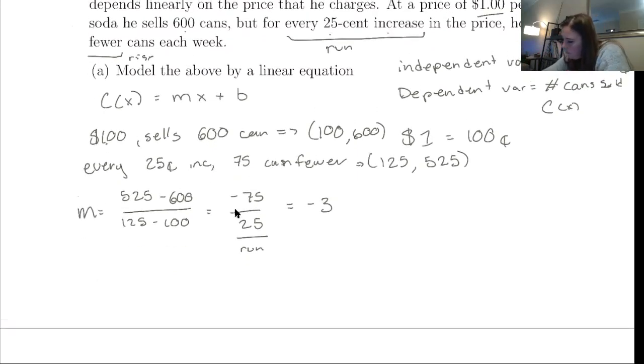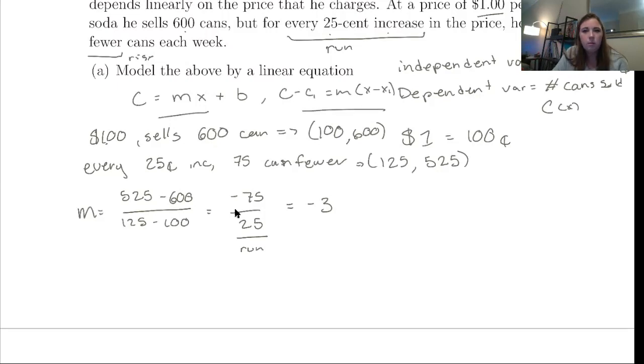All right, awesome. We're asking for an equation, not a function, so I don't even need C of X, I just need C. So what can I do next to find my linear model? I have these two forms, slope intercept and point slope.